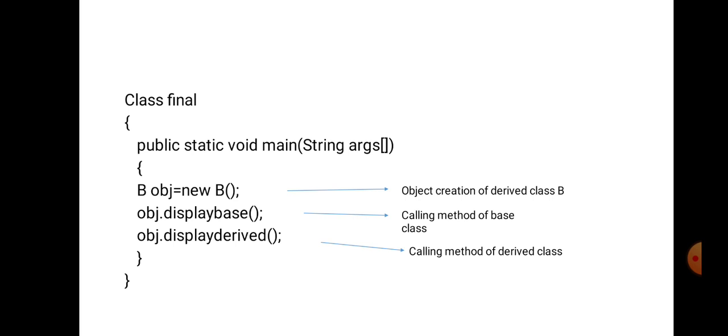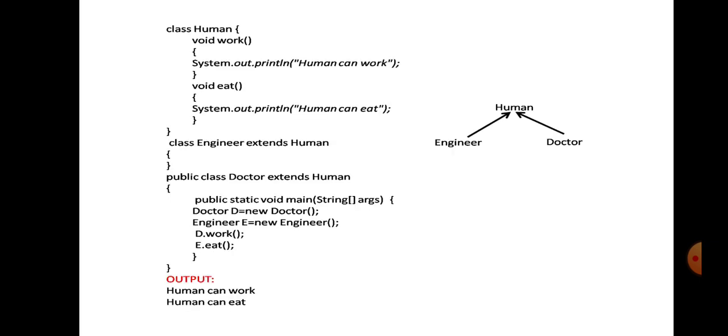So with the help of the derived class object, I will call the method of base class, that is class A, as well as the method of derived class, that is class B. We are inheriting the features of class A into class B, so automatically the class A methods will be copied into class B, and with the help of the derived class object we can call the methods of base class as well as derived class. So this is the concept of inheritance.